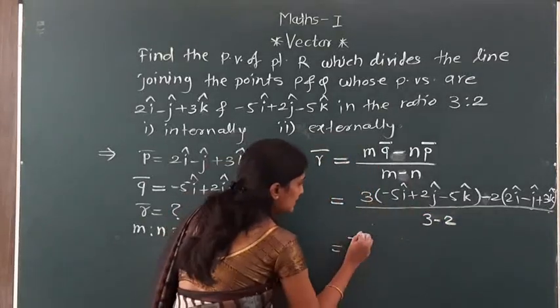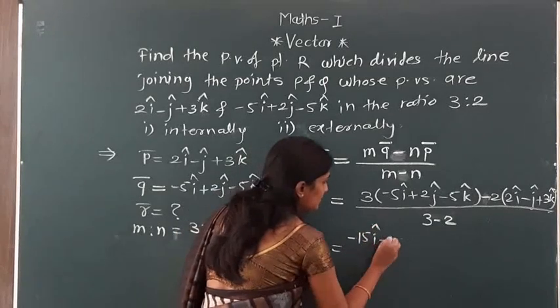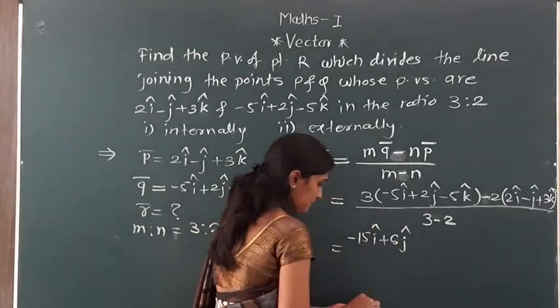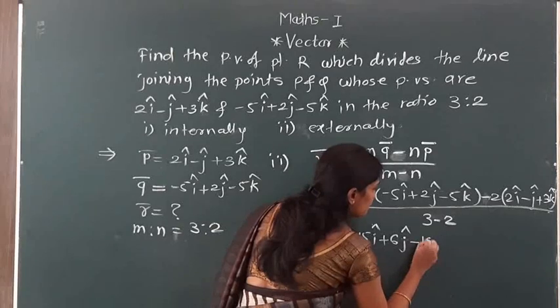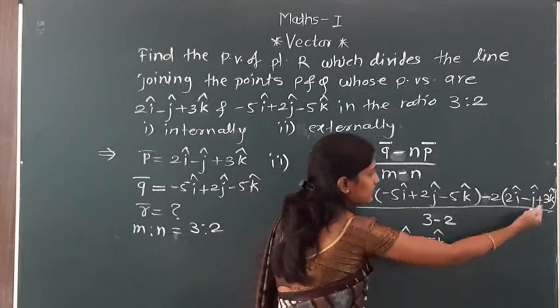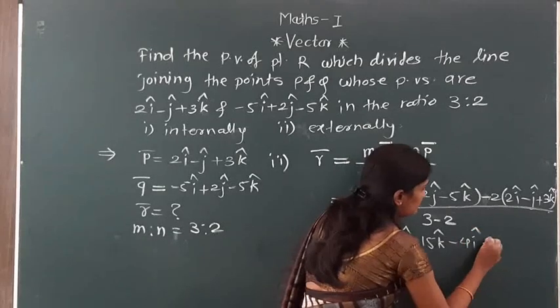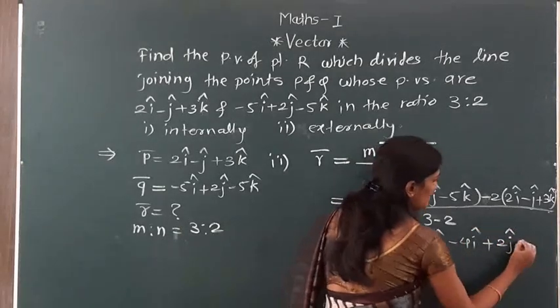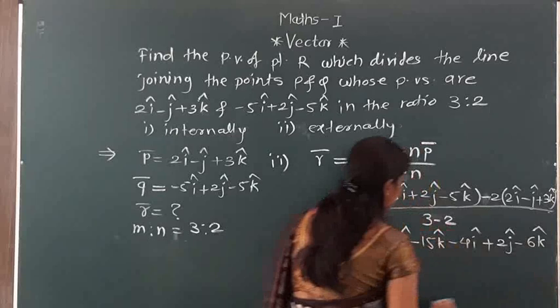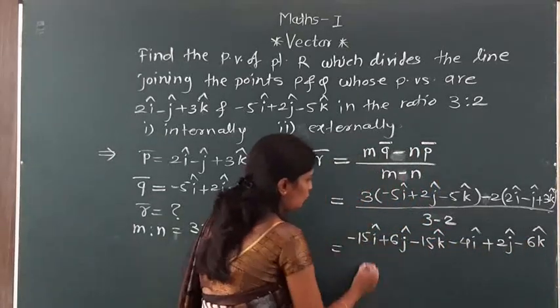multiply by 3, that is minus 15i cap plus 6j cap minus 15k cap, and multiplied by minus 2, which gives minus 4i cap plus 2j cap minus 6k cap, divided by 1.